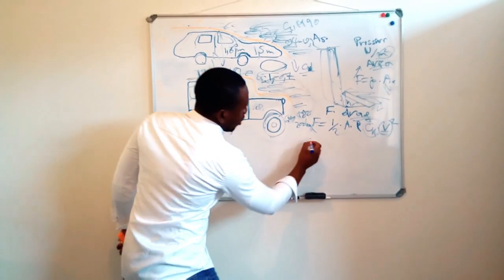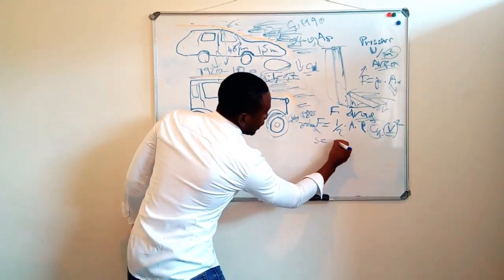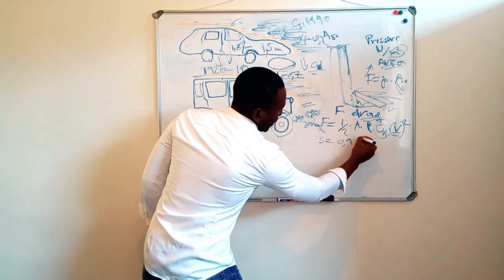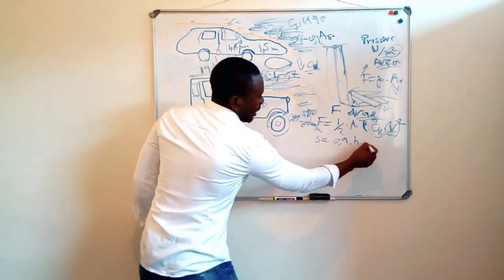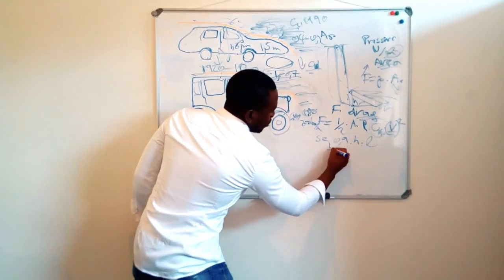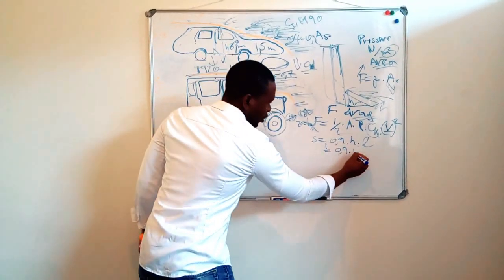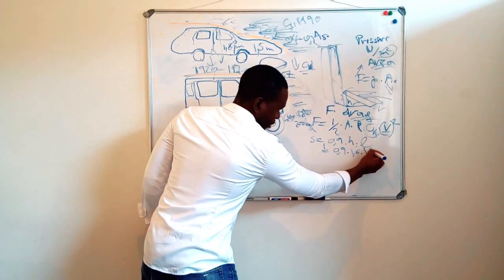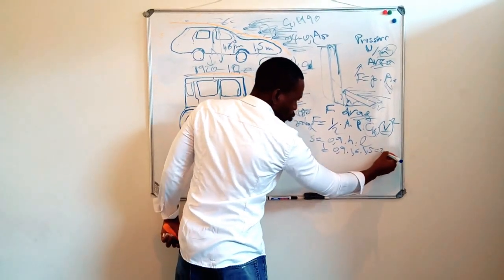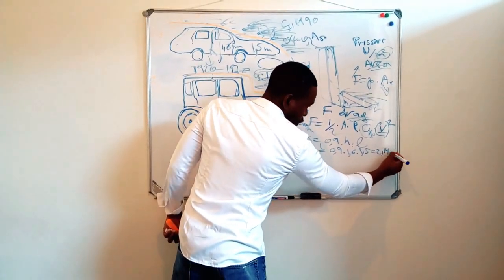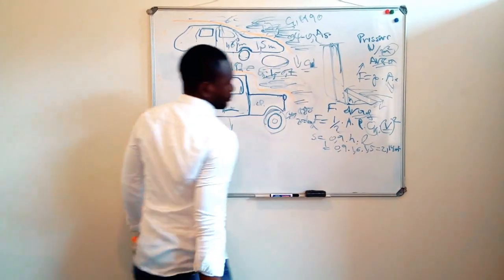The surface of the car is given by 0.9 multiplied by the maximum height, times the length. Which means we have 0.9 multiplied by 1.6 multiplied by 1.5, and I get 2.14 meters squared.